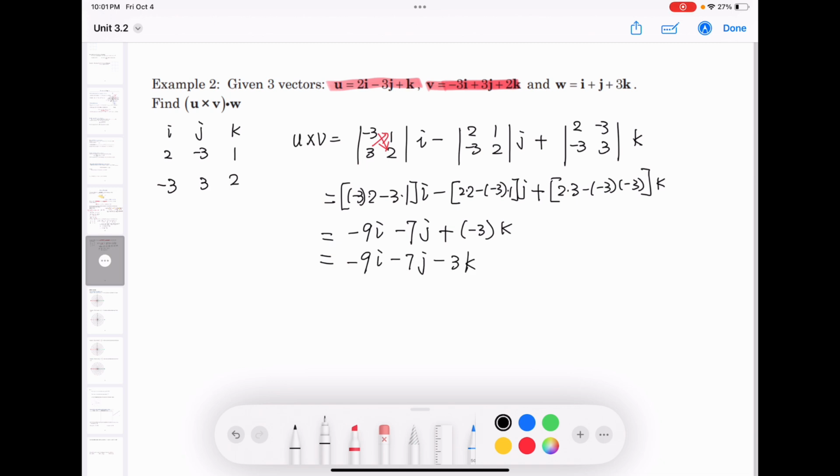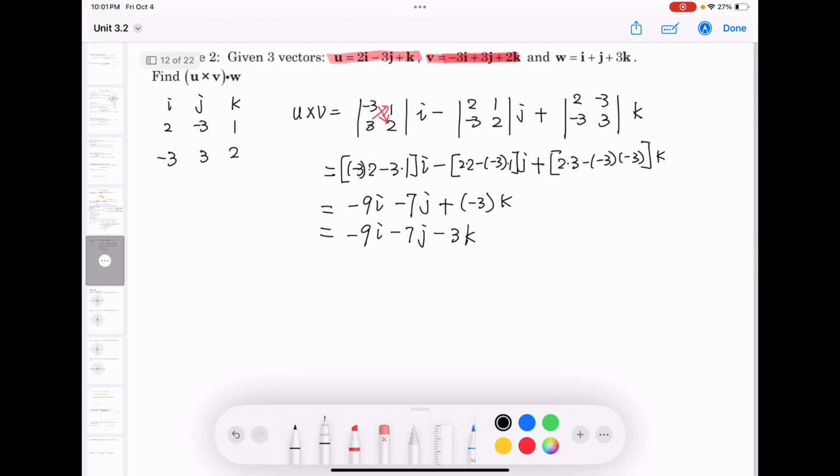All of them, they are negative. And let's see what is the dot product between the vector u cross v and w. That means I'm using the components -9, -7, -3, dot w. W is 1, 1, 3.